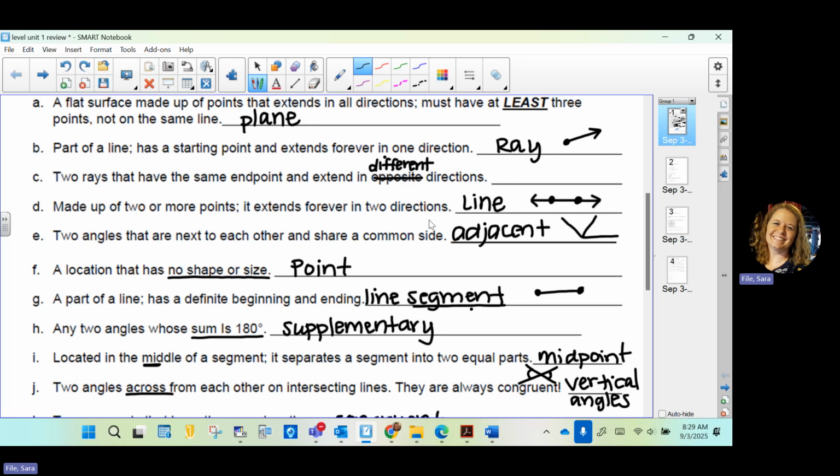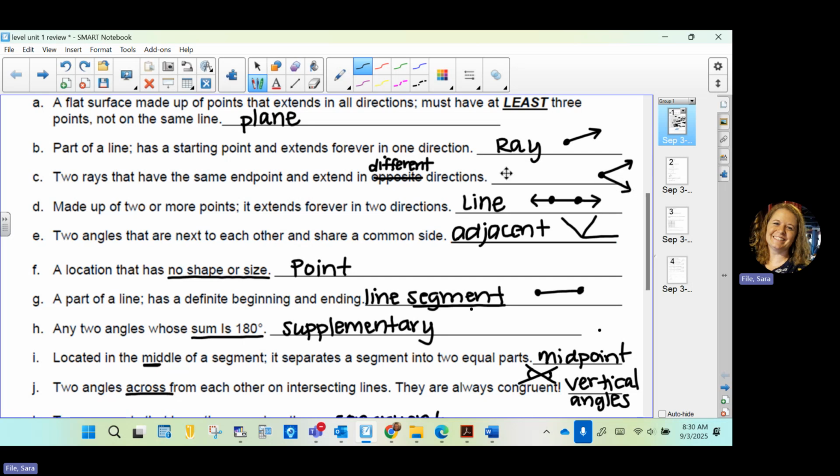Just different directions. If I have a ray here and another ray with the same endpoint going in a different direction, what have I created? This right here? An angle. These aren't going in opposite directions, they're going in different directions. It creates an angle.